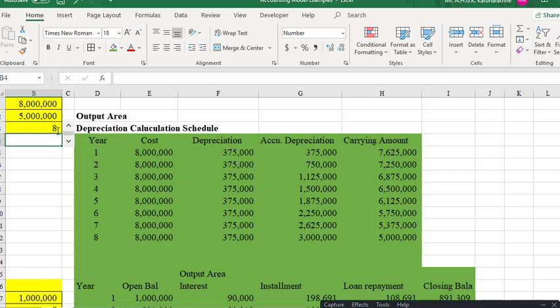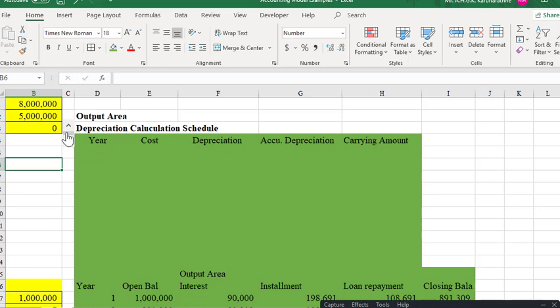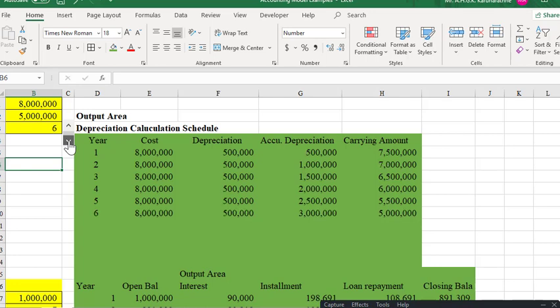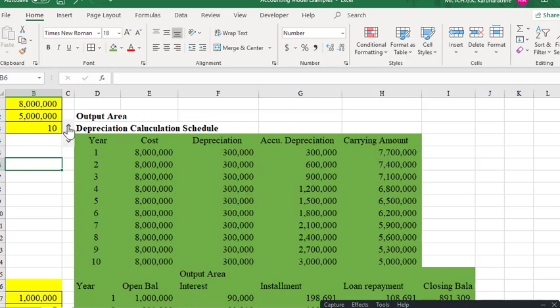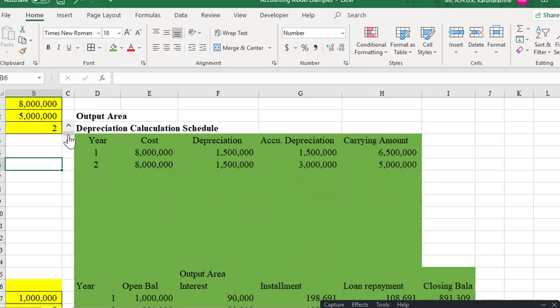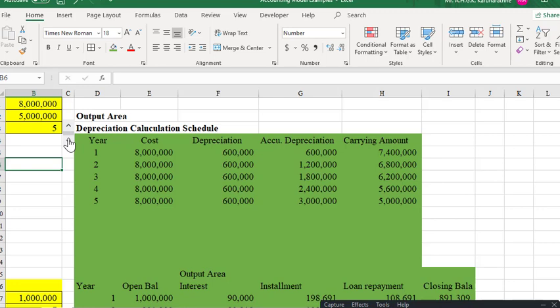But what I have done here is use a scroll bar button to alter this figure. There is no need to type, just click on the scroll bar button, and whenever you click, it alters. Very convenient. Likewise, there are a lot of supportive tools.